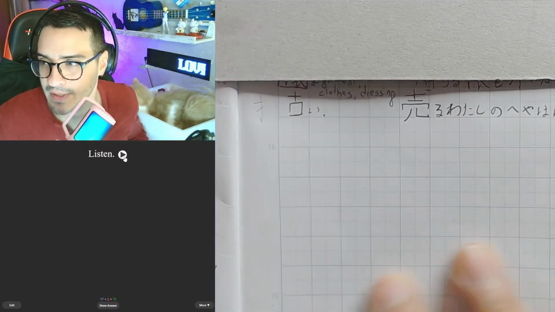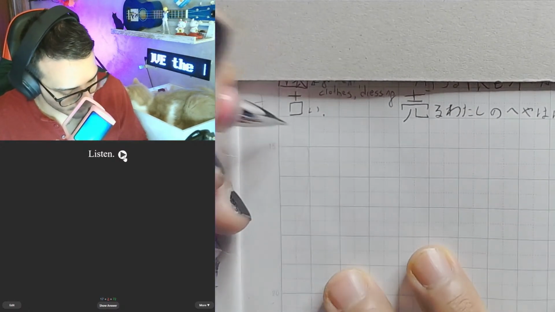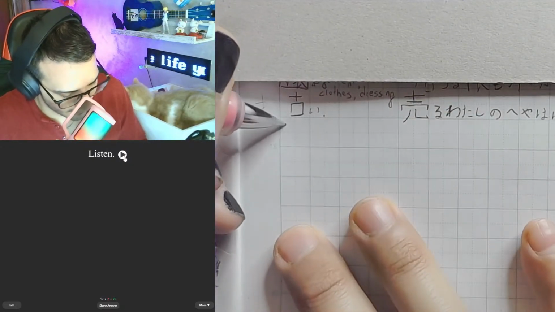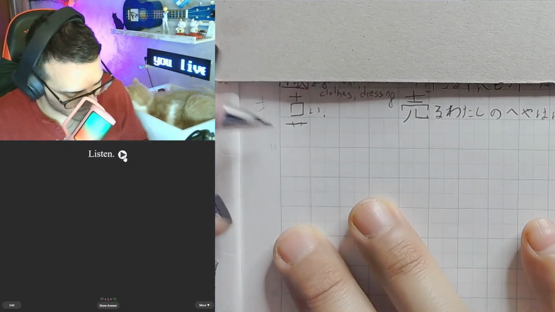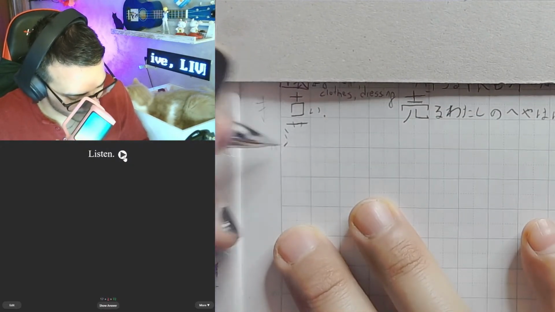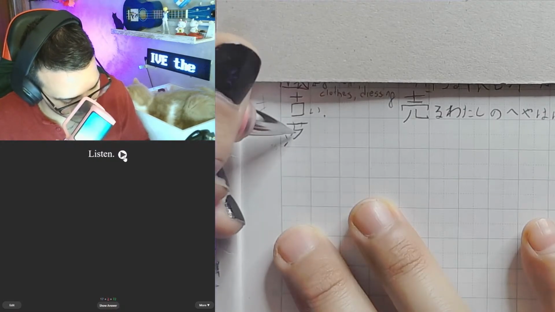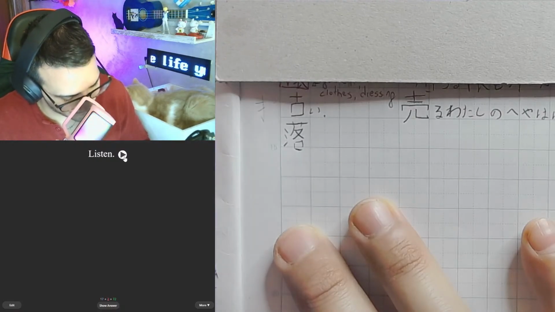落ちる. For the kanji we have the grass radical, some water, winter, and mouth.